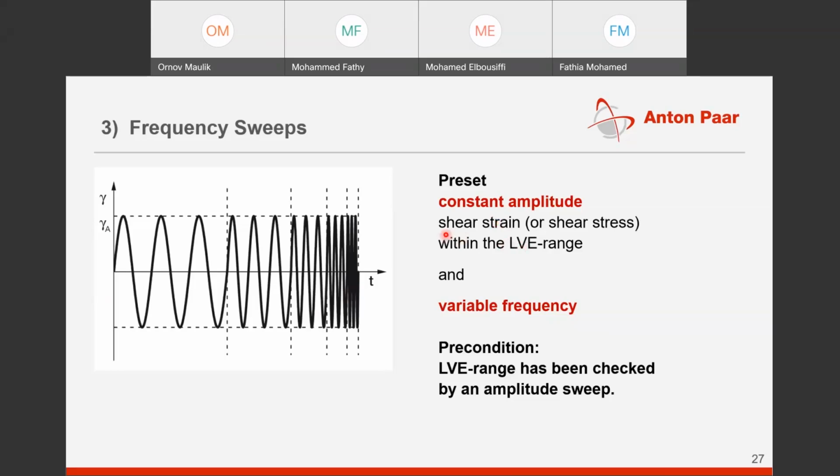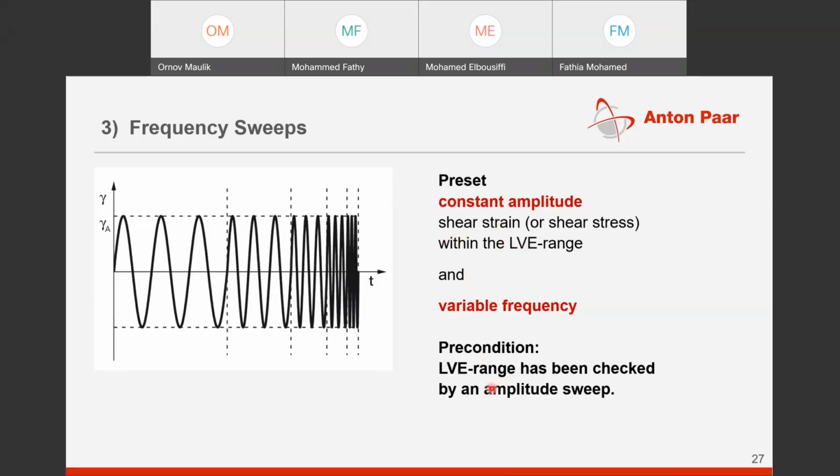Now the preset of these types of tests is that the strain, which we keep fixed, means we put it as a constant parameter, is basically chosen below the LVE range. Why below the LVE range? Because we need to make sure that while doing the frequency sweep, the internal structure of that material does not change.